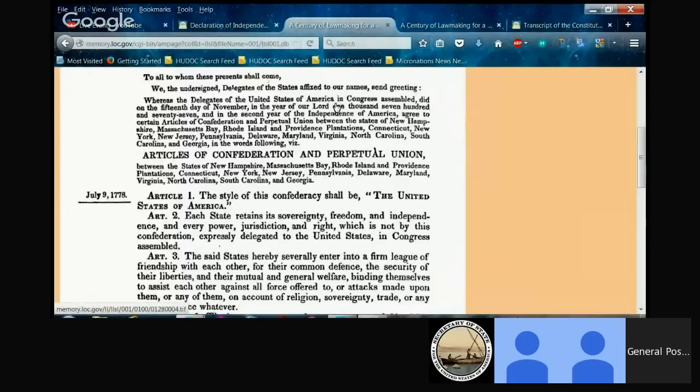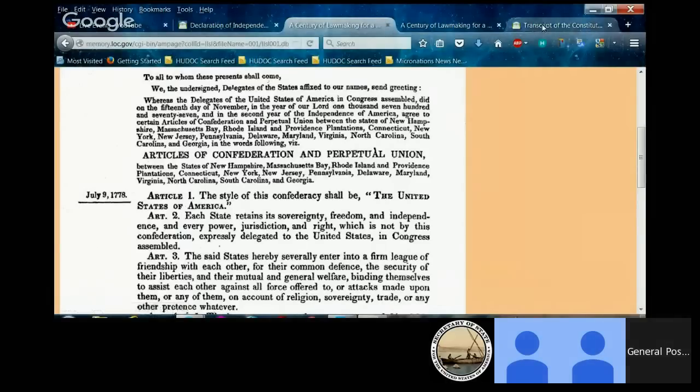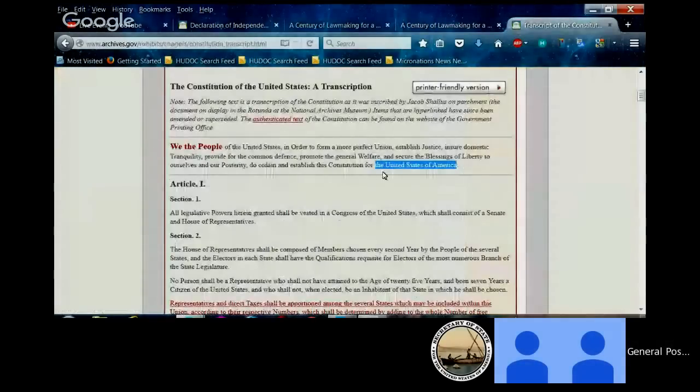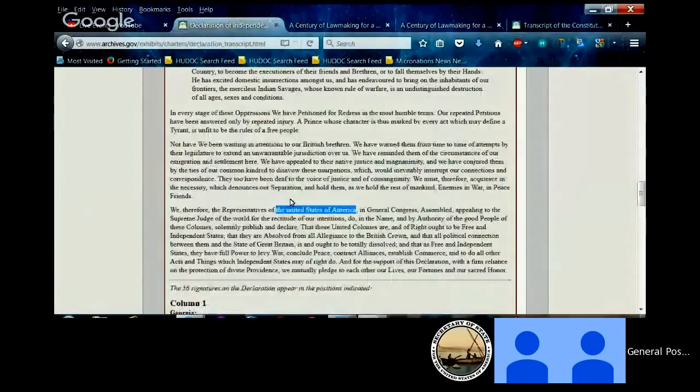That just so happened to be a part of this Constitution. They had already declared this style. But guys, look at the entity. There it is right there. It's not in the Declaration of Independence.